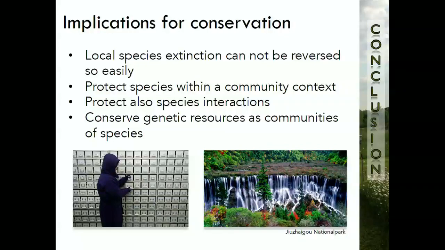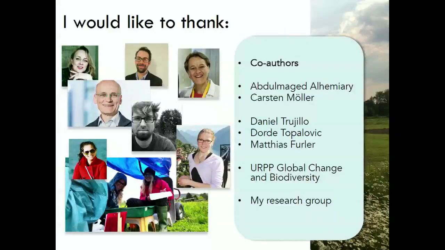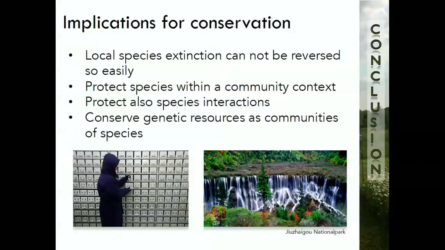So rather protect them in a national park or in ecosystems instead of just freezing them individually in seed banks somewhere in the Arctic, because only like this can you also protect the species interactions. And it also makes sense to conserve genetic resources as communities of species.